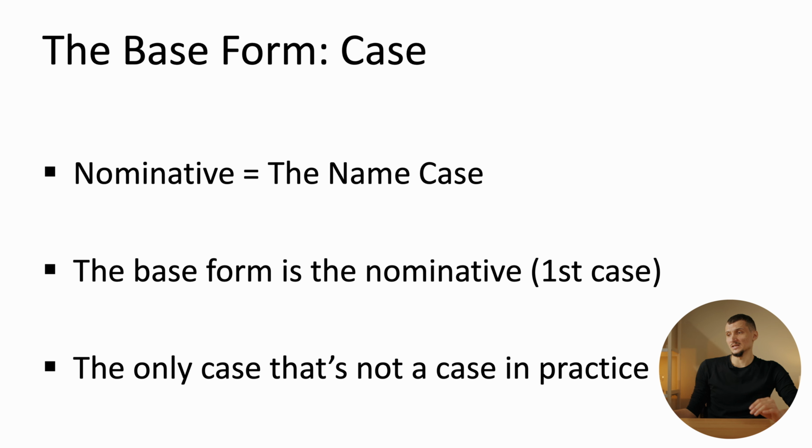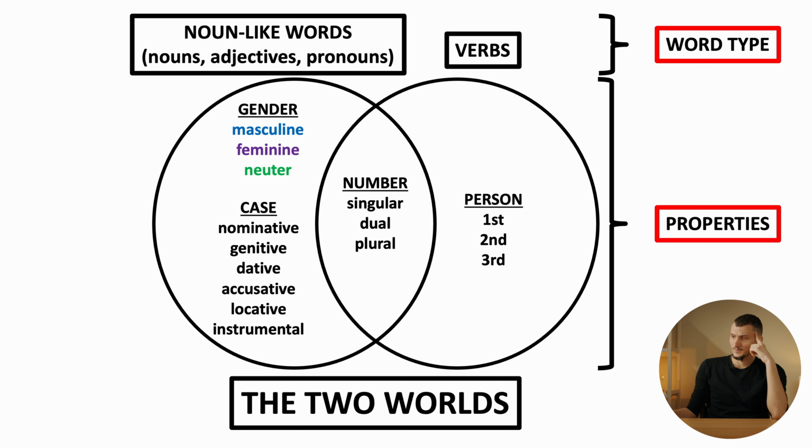So that's in fact one of the main functions of the nominative case. It has other ones as well, but one of the main things that we use the nominative for is the base form. So dictionary entries, lists of words, and so on, chances are they are in the nominative case.